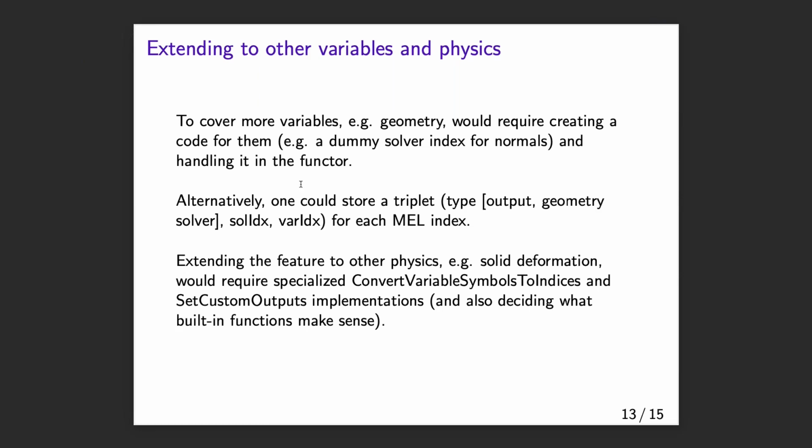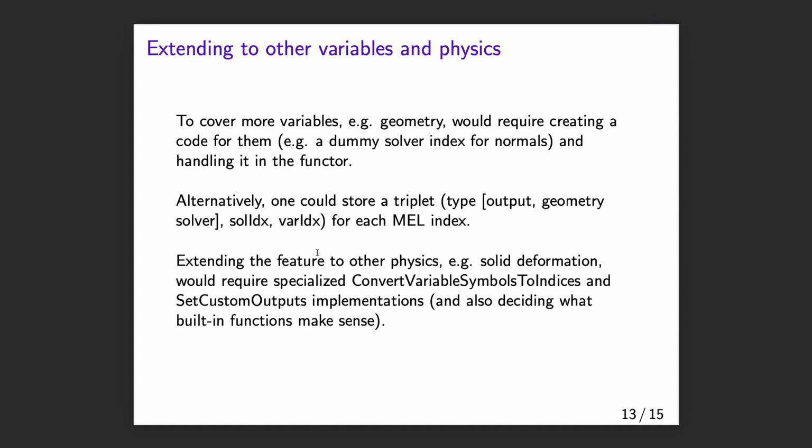And alternatively, if this gets complicated, we can also just store a triplet of values instead of lumping all together in just one integer. So you could have three values that would tell you if it's an output or a geometry thing or a solver variable, and also the solver index and the variable index.